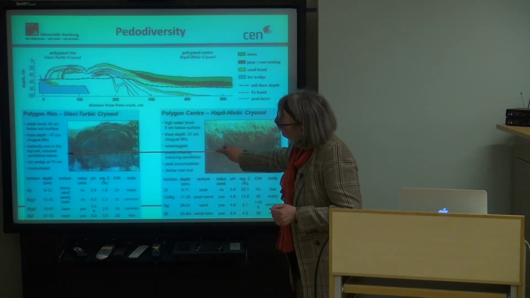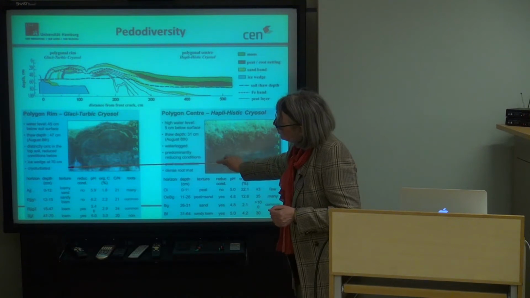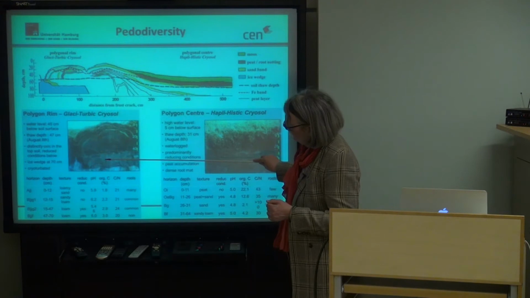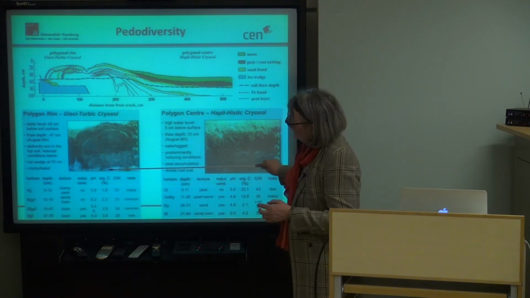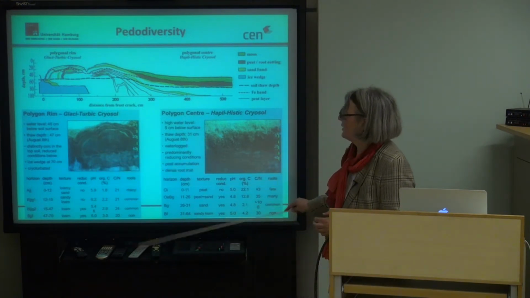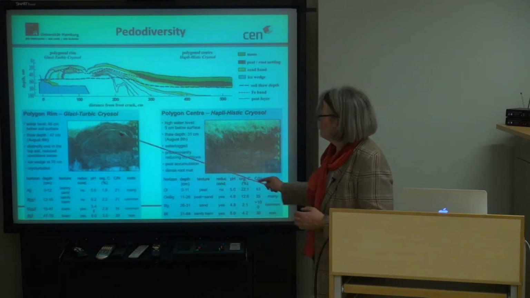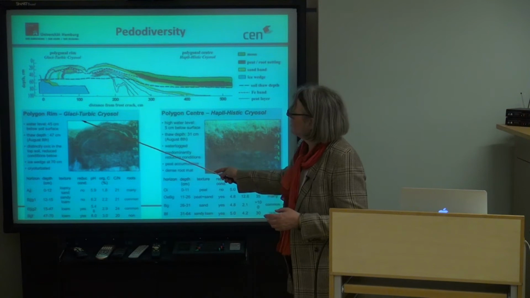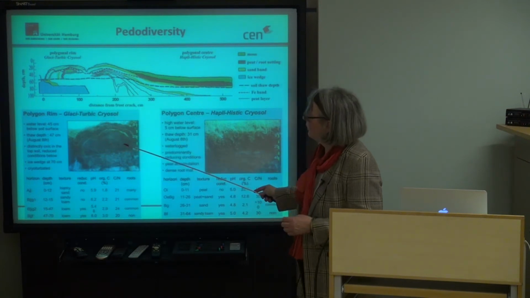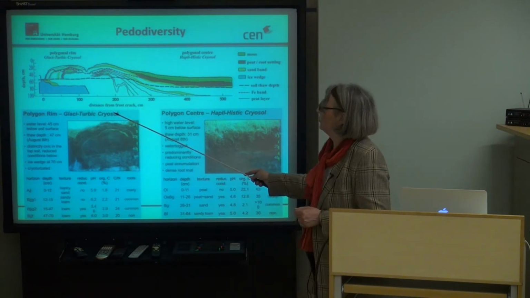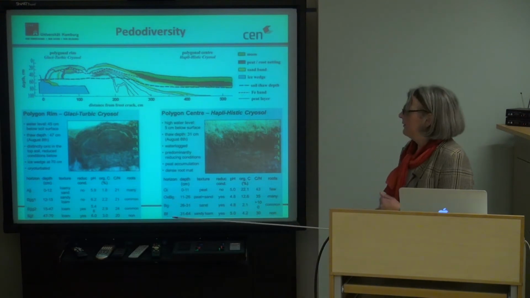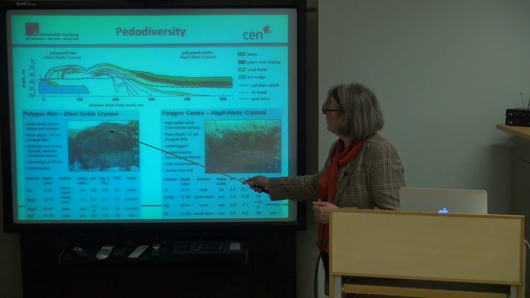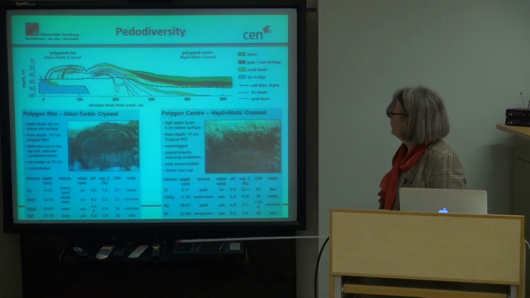Then we have the permafrost table lying here, and then starts the rest of the frozen ground, or the frozen part of the soil, directly connected with the ice wedge. Because of this characteristic, we call the soil glacic, connected with the ice, turbic, because there is a lot of cryoturbation, Cryosol. Yeah, that is very nice. Also in Russia, they could go in the group of the cryozems because of cryoturbation.